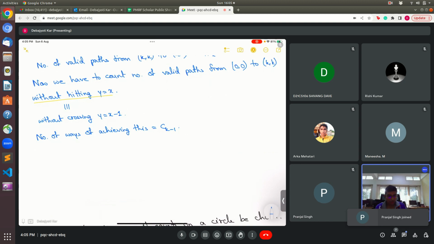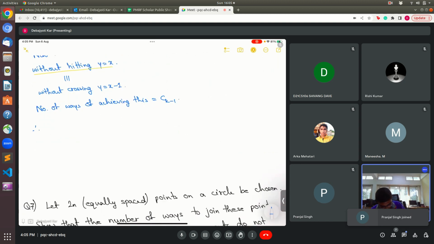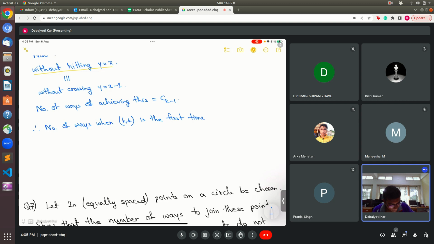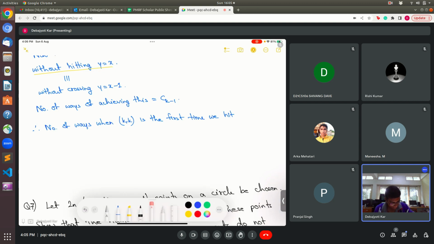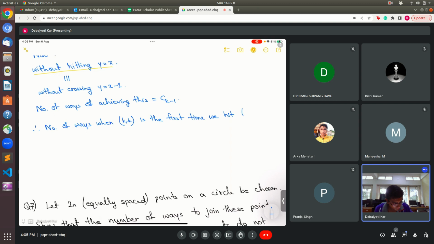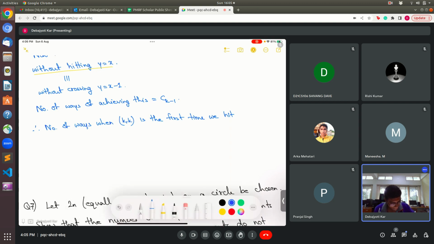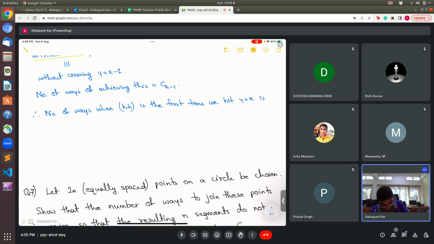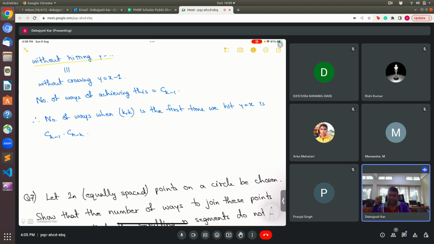So then what is the total number of ways? The number of such valid paths where k, k is the first time we hit the line y equal to x is exactly this quantity.